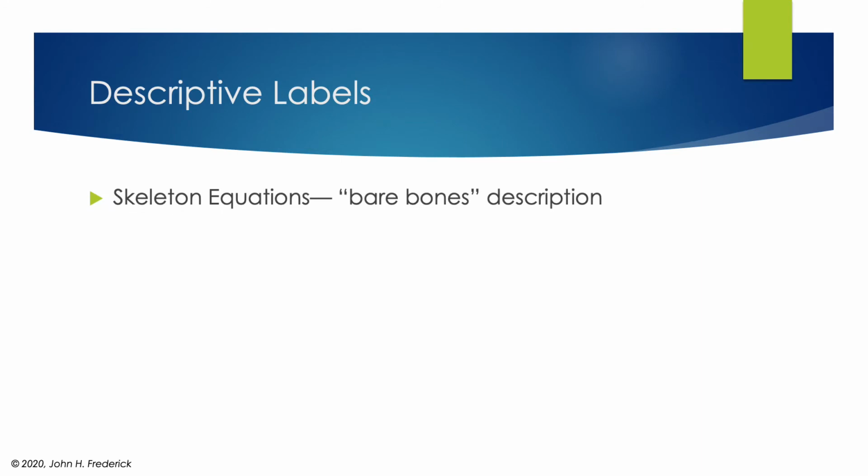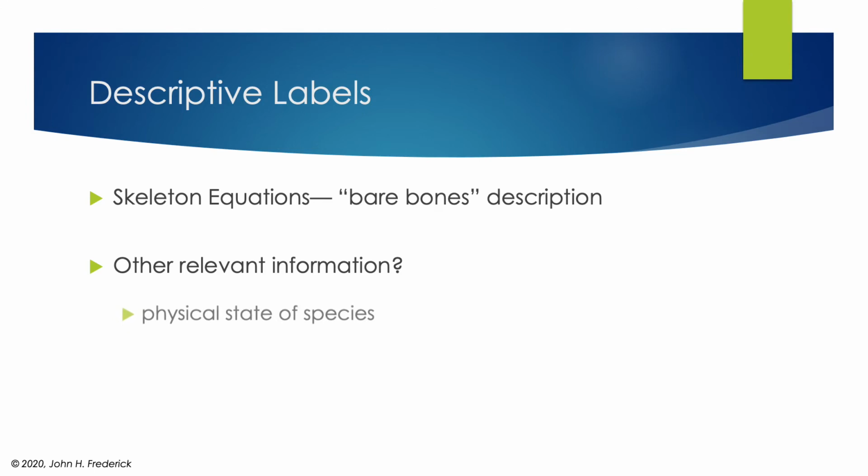Now, we often want to employ some descriptive labels to talk about elements that are in a chemical reaction. What I've just shown you for copper and nitric acid is what we would call a skeleton equation, and it's just a bare bones description. It lists the reactants, it lists the products, but it really doesn't tell us much of anything else. What other relevant information might we want?